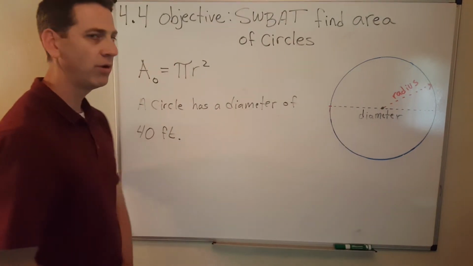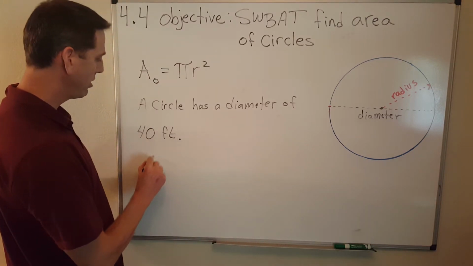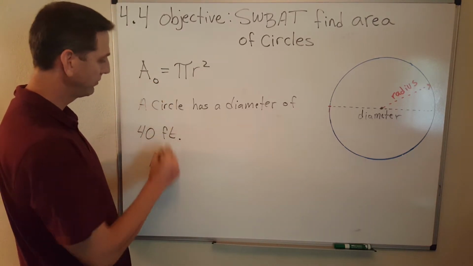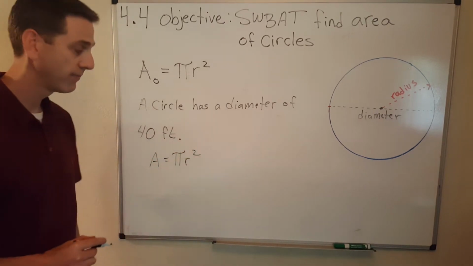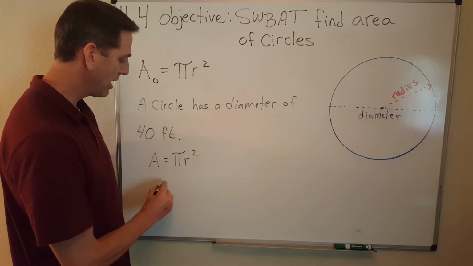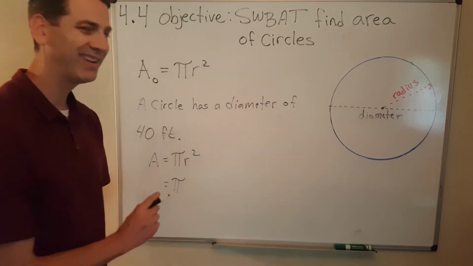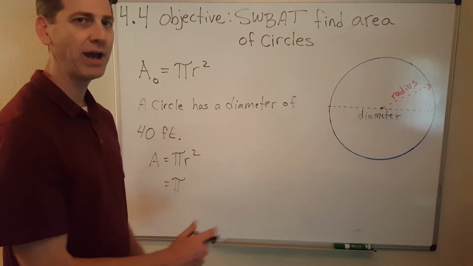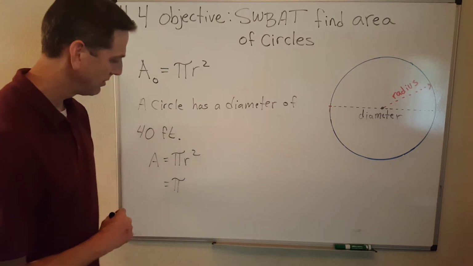Okay, well, as long as you know the formula for the area of a circle, and again, write it out. Area equals pi r squared. Okay, pi is, we'll just leave it as pi for now, because many times they will ask you, what is it in terms of pi? So usually we like to do pi at the very end if needed.